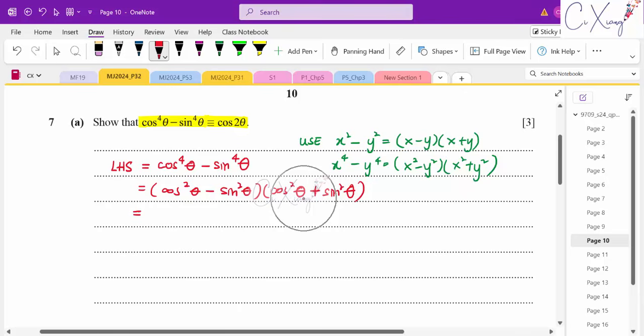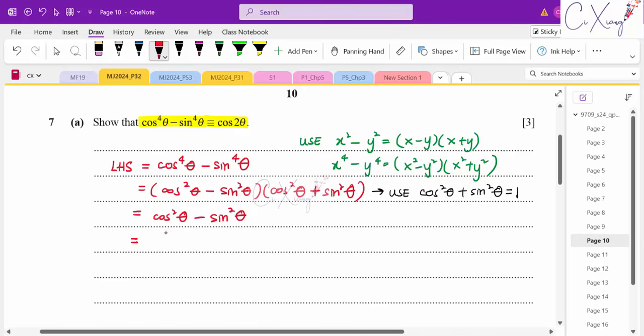Okay, so I think from here it is quite obvious that you should know, yeah? You know that we are having the identity where cos square plus sine square equals to 1. Okay, so your next step will be you are having cos square theta minus sine square theta times 1.